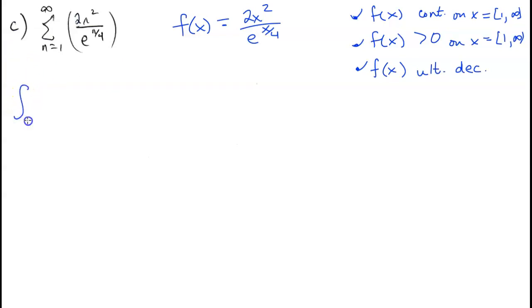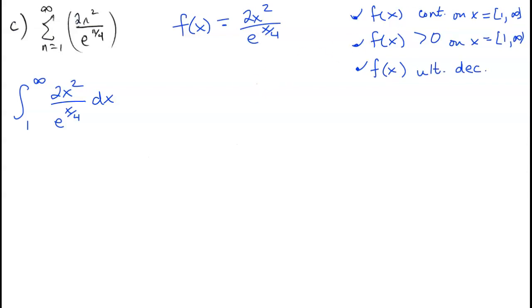So here we're essentially just going to evaluate the improper integral from 1 to infinity of 2x squared divided by e raised to the 1/4 x. If we know that this improper integral converges, meaning that it equals a real number, then we know that the corresponding series will converge as well.